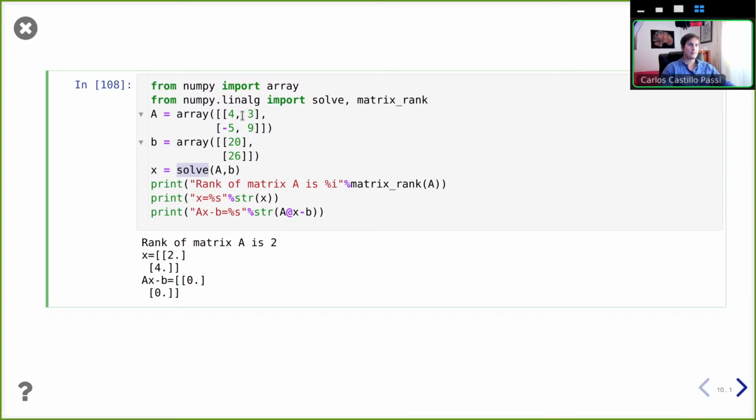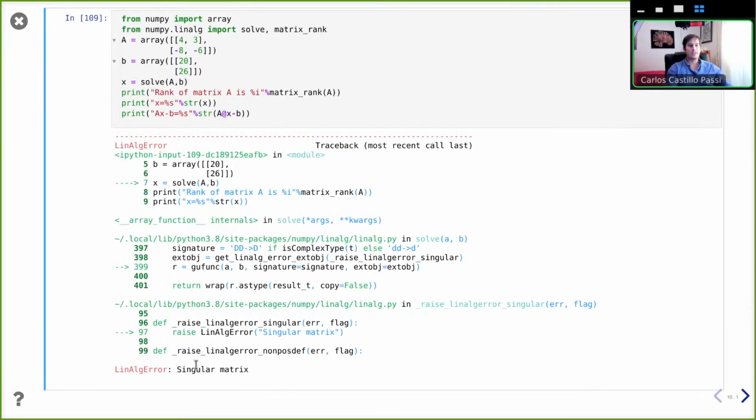Now, if instead of minus 5 and 9, I do, for example, 8 and 6, it will say that this matrix is a singular matrix. A singular matrix is the name of a matrix whose rank is not the same as the dimension, which also means that the determinant of the matrix is equal to 0.